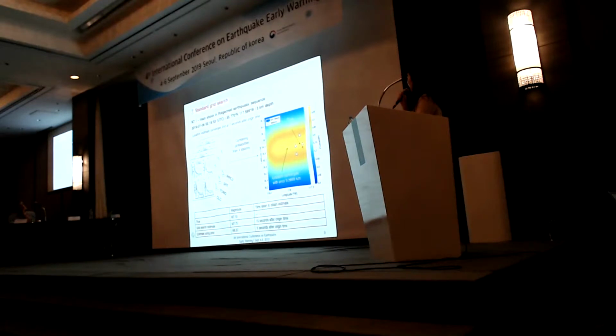At 7 seconds after the origin time and from data from 4 stations, we see that the location does converge with an error of 5 kilometers, but it does take more time for the magnitude to converge. And in this case, the grid search overestimated the magnitude at 7.75.